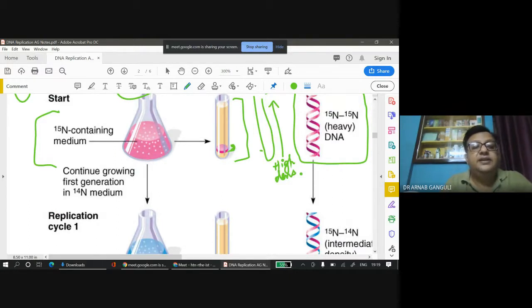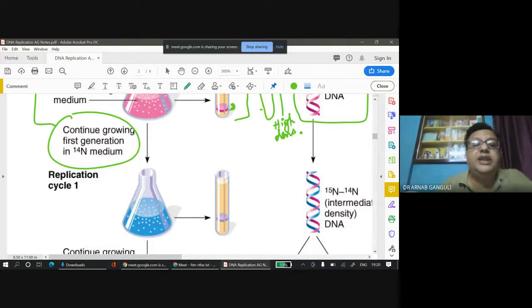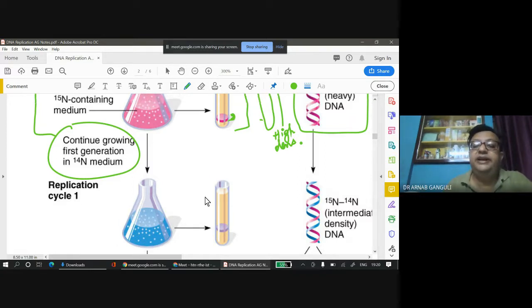They are grown in a media containing N14 again. Then they isolated the DNA and loaded on a cesium chloride gradient. And since this is N15 N14, in one generation it is taking only N14, so it's half.